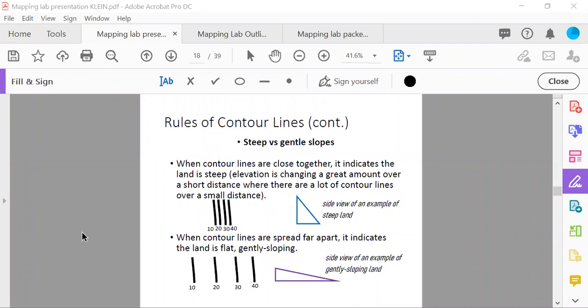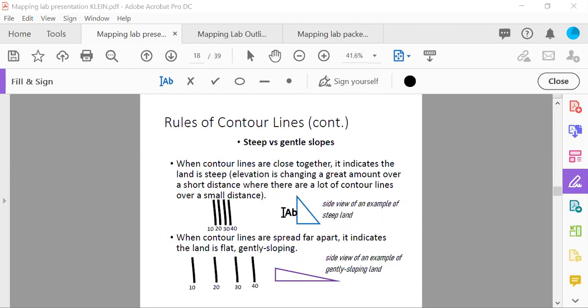Some other rules of contour lines are that when contour lines are close together, it indicates that the land is steep because the elevation is changing a great amount over a short distance. So there are going to be a lot of contour lines squished into a small distance.